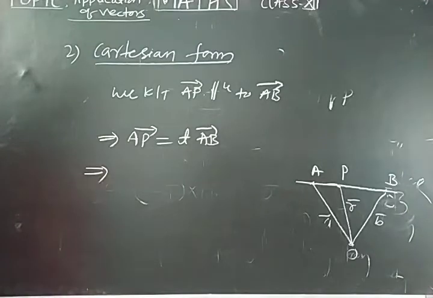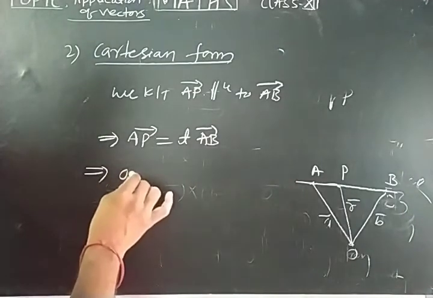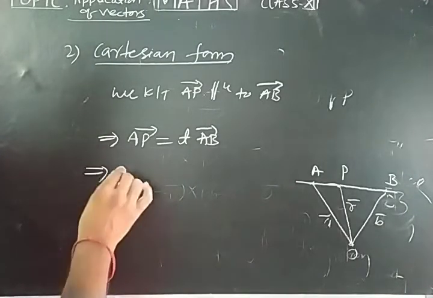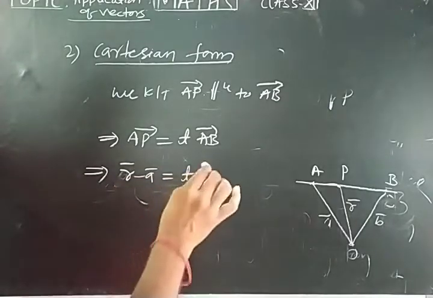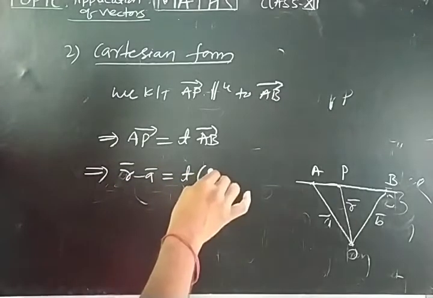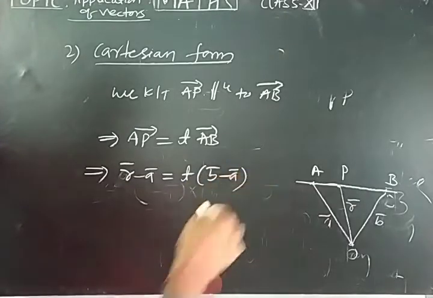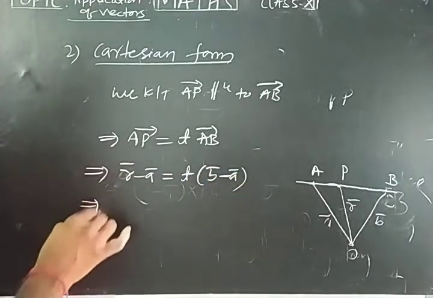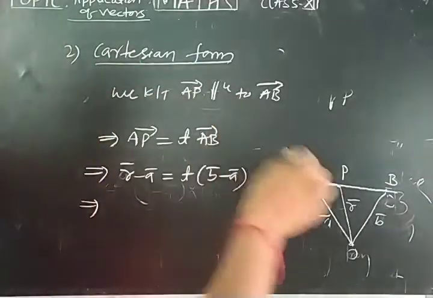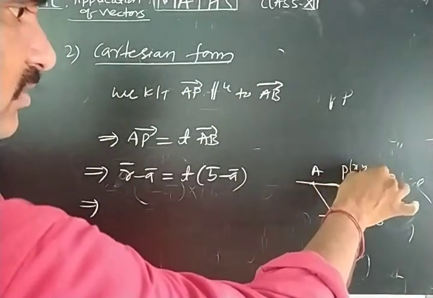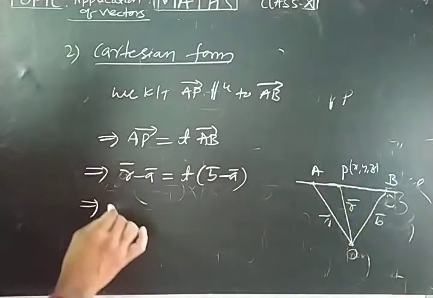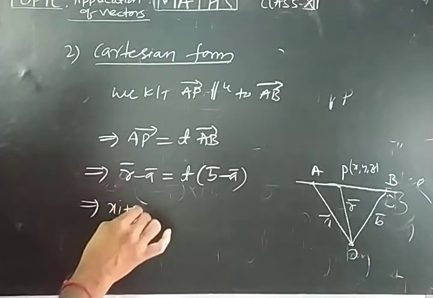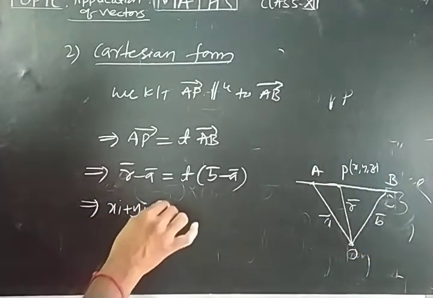How can we write AP vector? R bar minus A bar is equal to T into (B bar minus A bar). R bar, position vector of P with coordinates x, y, z, is xi plus yj plus zk.